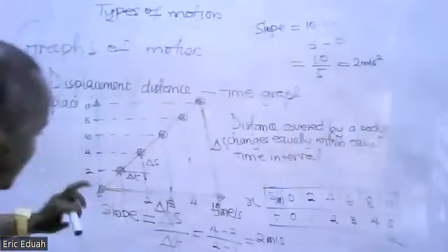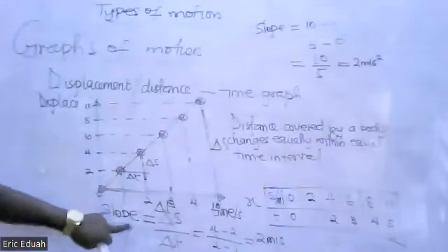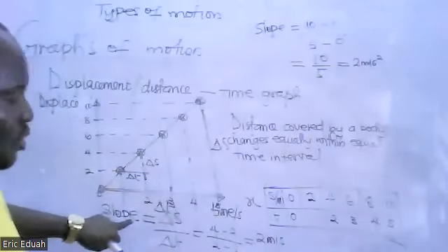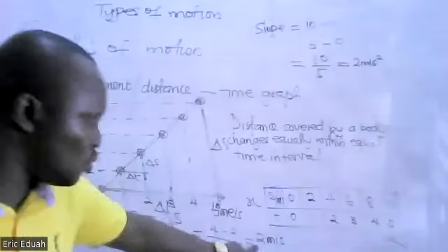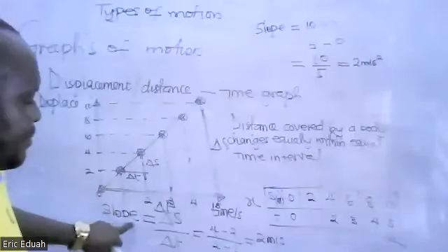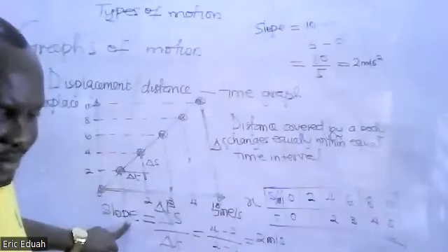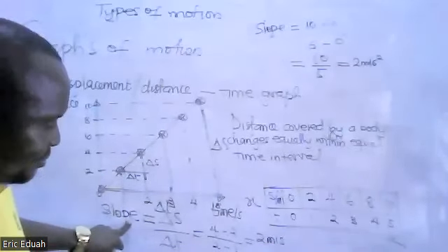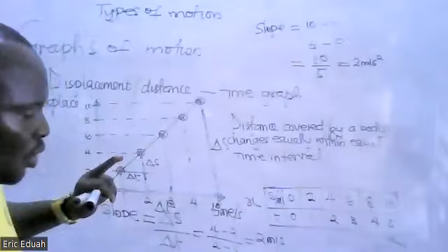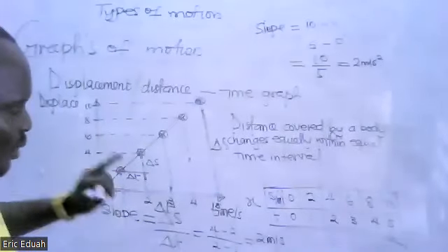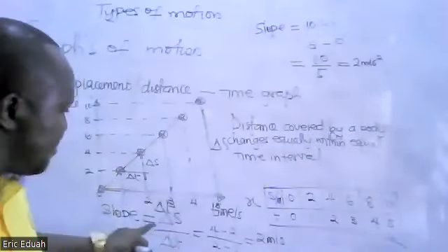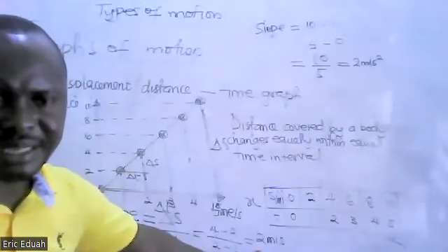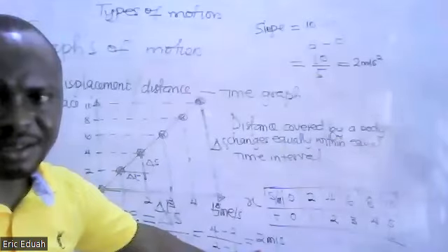What is the gradient or the slope giving us here? 2. But how do we describe this value 2? Meter per... acceleration? No, look at it again. It's a displacement time graph, and we got 2 what? Meter per second.